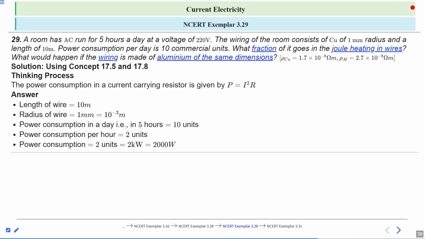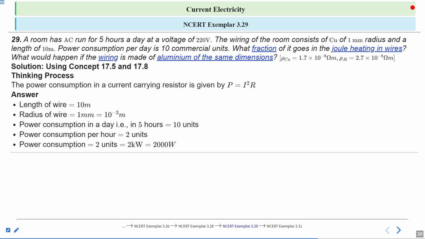So power consumption is 2 units, equal to 2 kilowatt. In energy terms, the unit is 2 kilowatt hour, but we are seeing it as per hour.